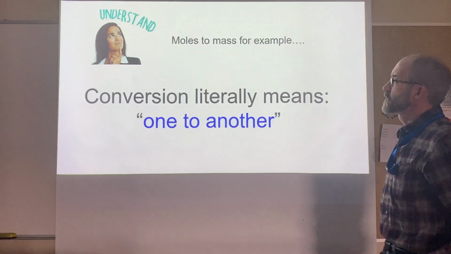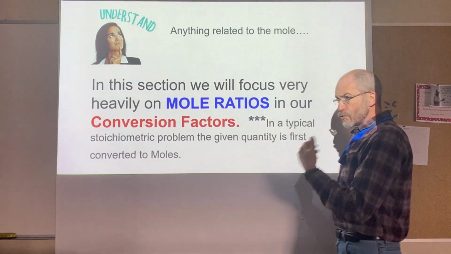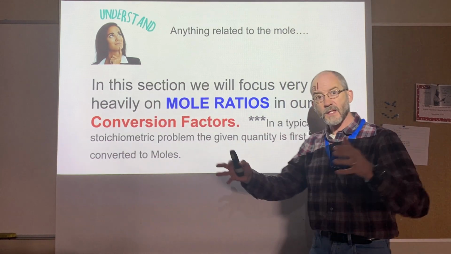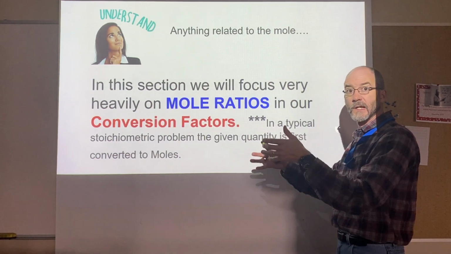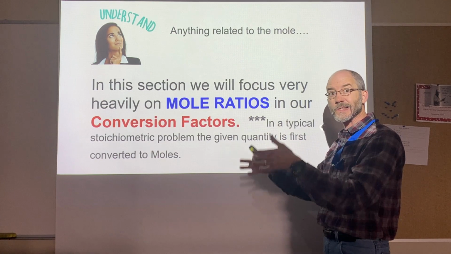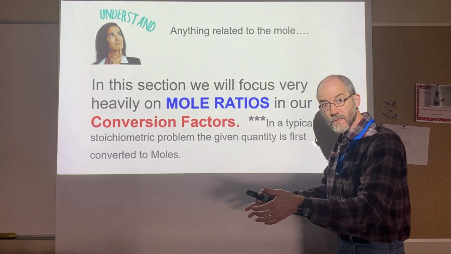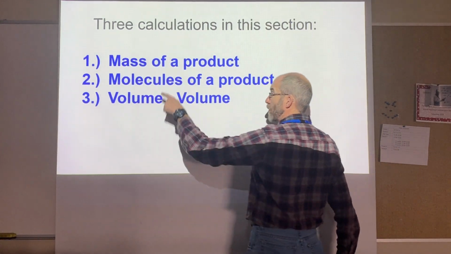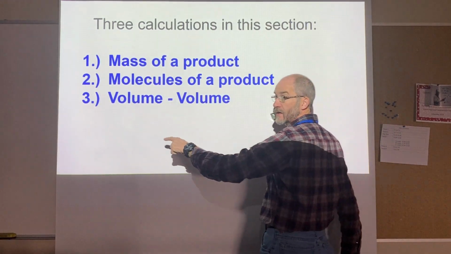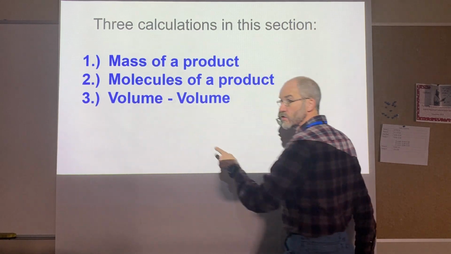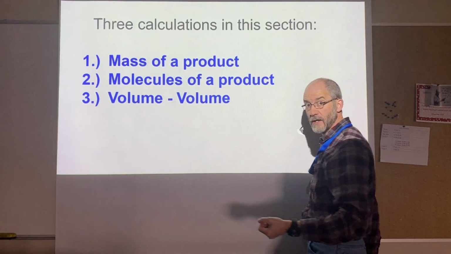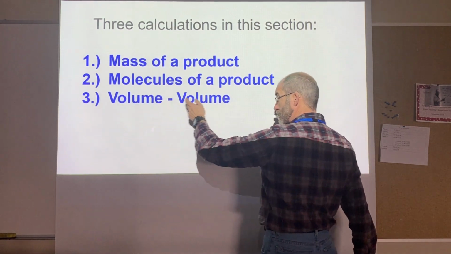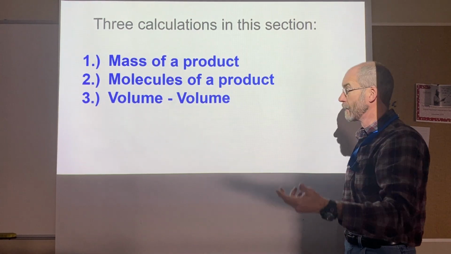All right, so you need to know as a big picture item that in today's lesson, in today's practice problems, we will ultimately find the mass of a product, the molecules of a product, or volume to volume relationships. These are the three problems you're going to learn how to do today. Mass of a product, molecules of a product, or volume to volume relationships.